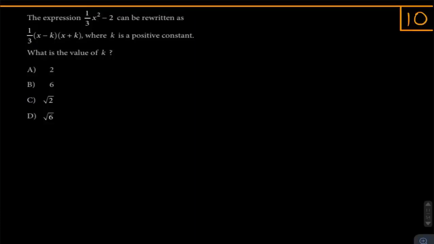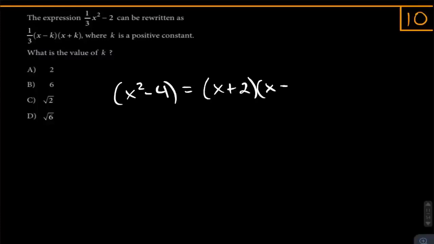The thing you should pick up on is that you kind of see a difference of perfect squares expansion here. You see something like x squared minus 4 equals, oh, well, we know that that's x plus 2 times x minus 2. It's kind of like this, but now you have k's.